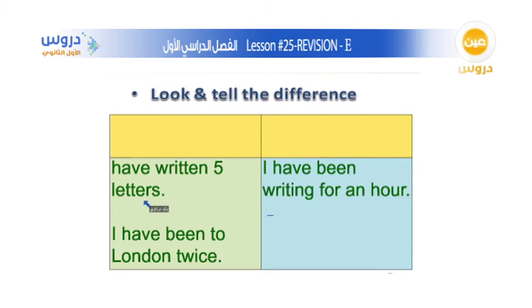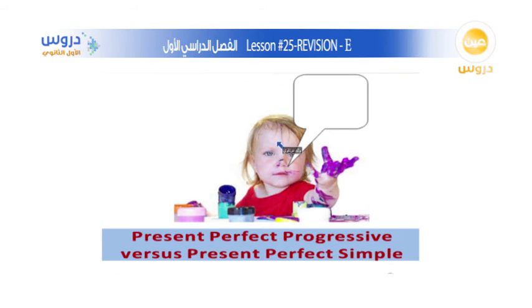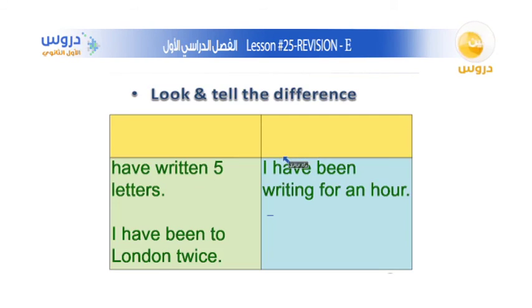I have written 5 letters. You have written 5 letters. I have been to London twice. You have been to London twice. What do you think? Is this the present simple, or is it the present perfect progressive or the present perfect simple?